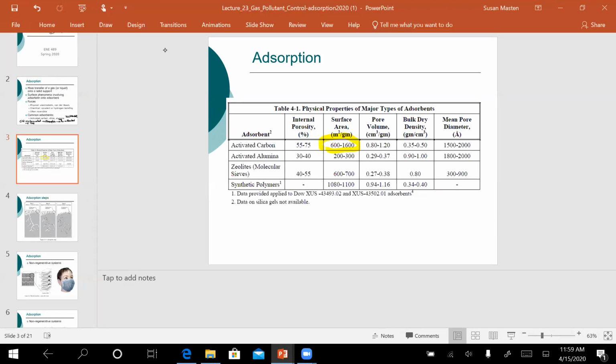Just to think about it, a little packet of sugar is about 2 to 3 grams. So it's not a lot of material, yet the surface area is somewhere between 600 to 1600. Activated alumina is not as high, neither are zeolites, and then you can produce synthetic polymers that have a similarly high surface area.